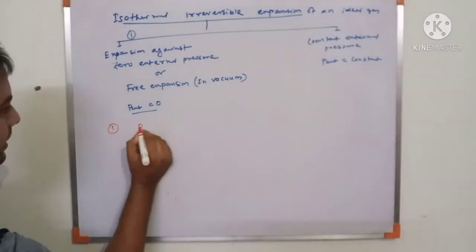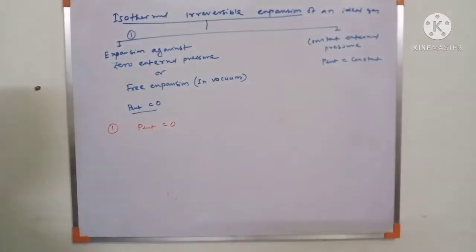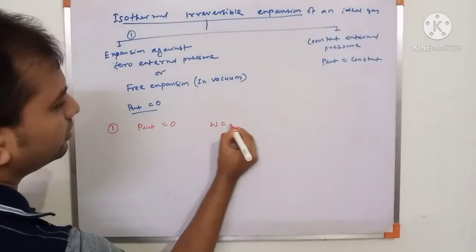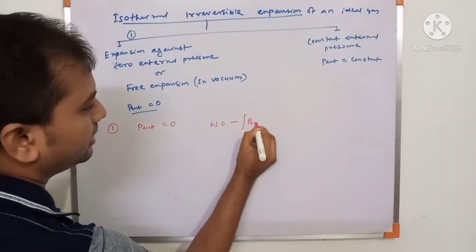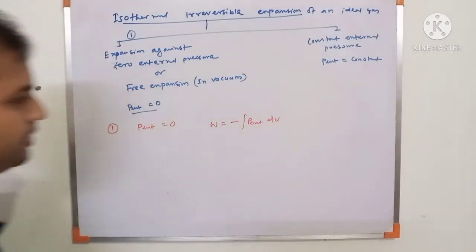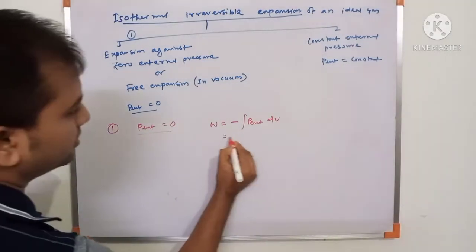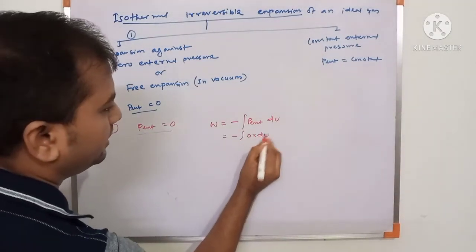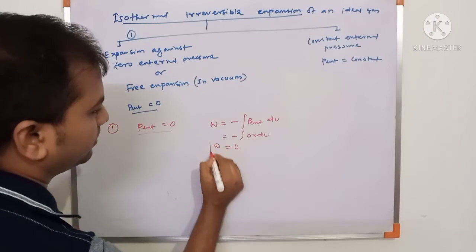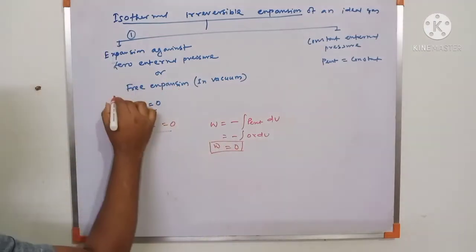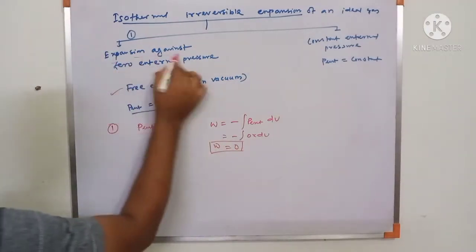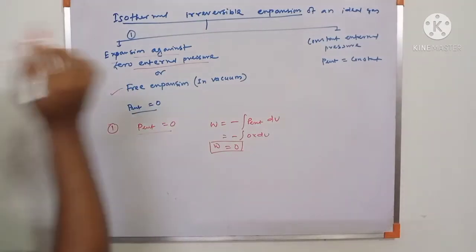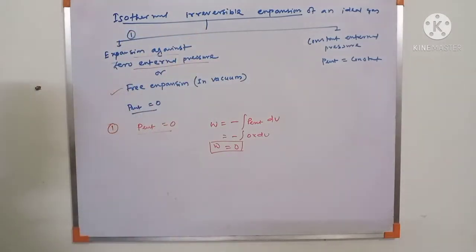Condition 1, P external equals 0. We know work equals minus P external dV. So P external equals 0, so 0 into dV equals 0. So work equals 0 for condition 1, in vacuum or free expansion or expansion against zero external pressure in isothermal irreversible expansion.